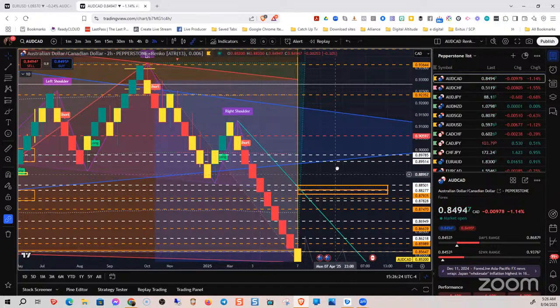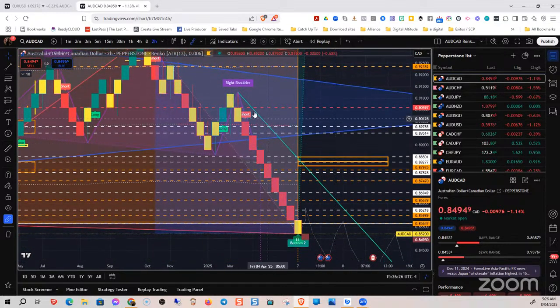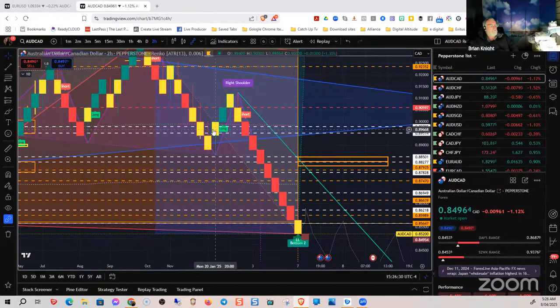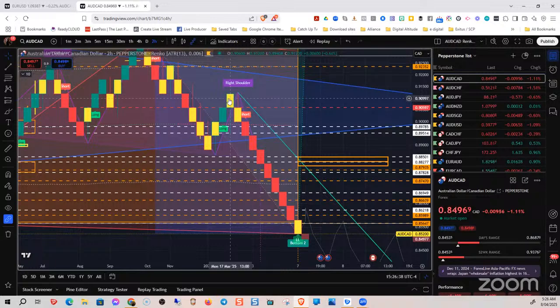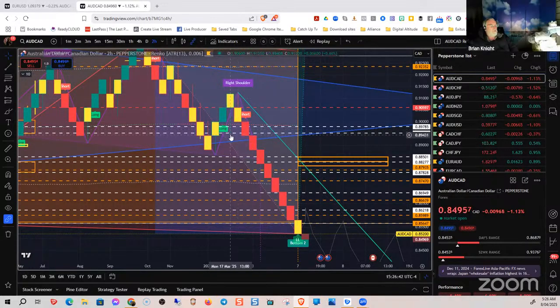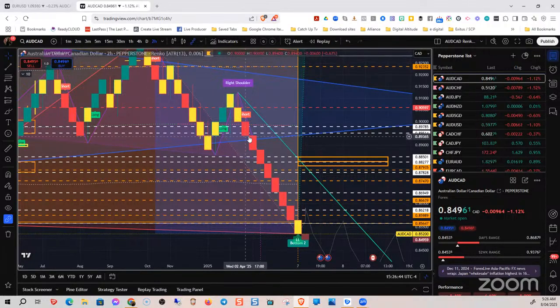The moment it created that yellow candle going up, where it says right shoulder, the yellow candle in the middle, see the green wick? That's your entry, at the bottom of that. Now my stop would have been at the top of the yellow brick.